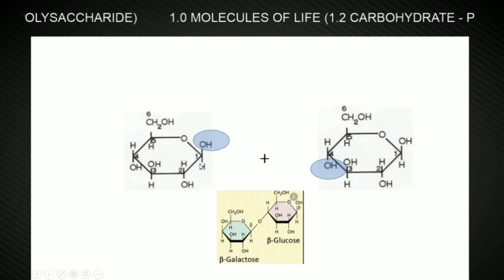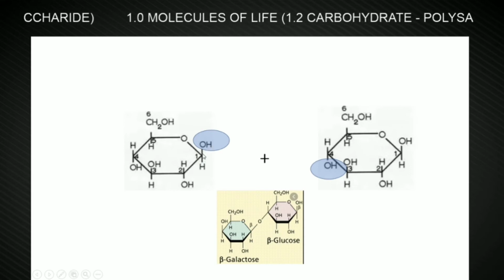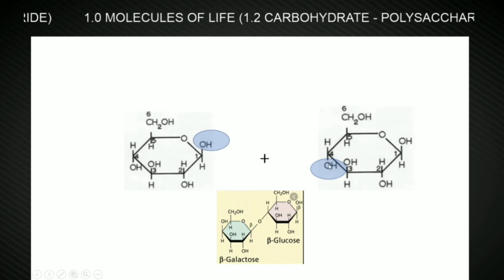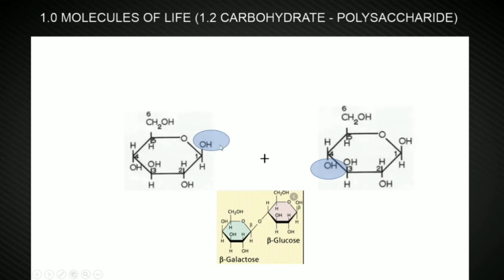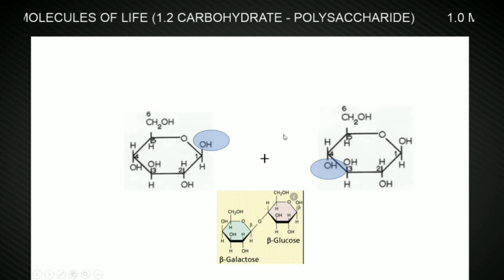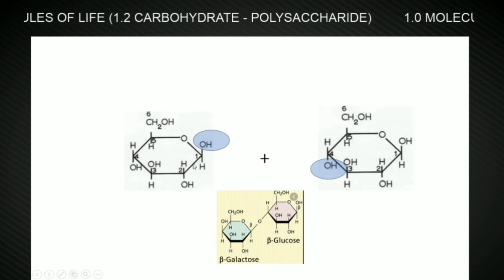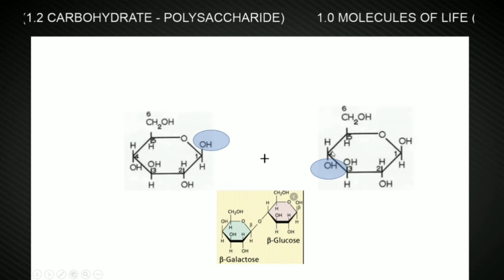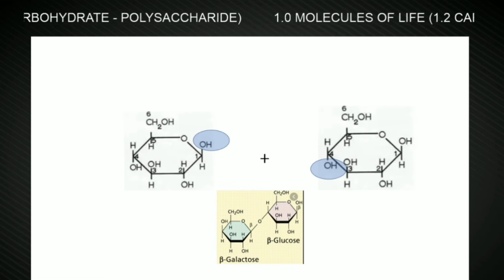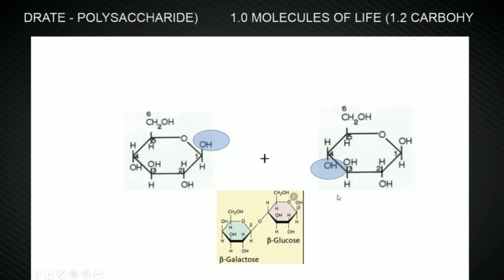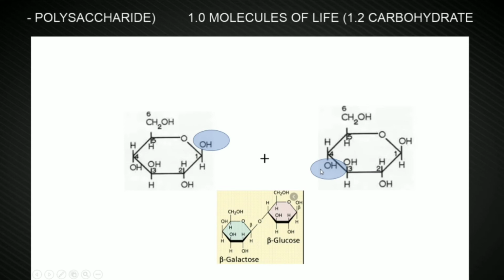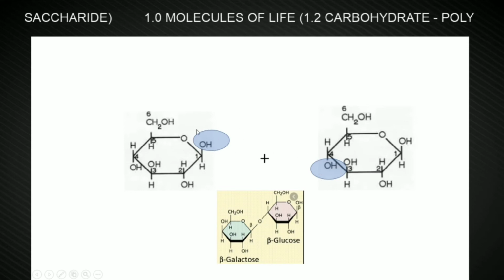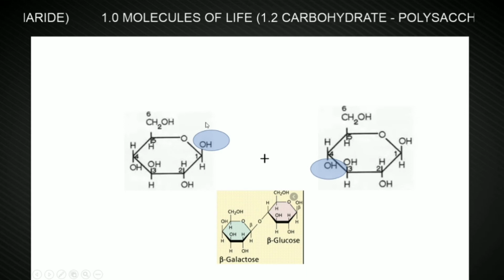The reaction involves the hydroxyl at carbon number 1 and the hydroxyl group at carbon number 4. Look at the position of the hydroxyl group. At carbon number 1, the hydroxyl group is upside. But for carbon number 4, for the beta glucose, the hydroxyl group is downside. So the reaction cannot occur at the same level.